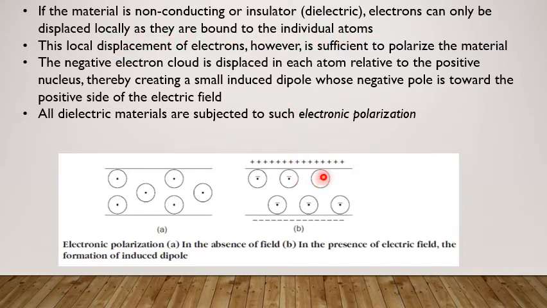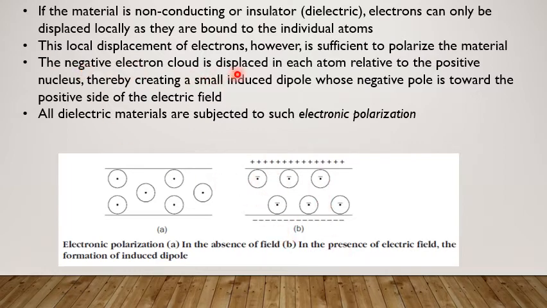They are not permanently removed from the molecules. They remain inside the molecule, but only the electron cloud is distorted. This local displacement of electrons is sufficient to polarize the material.